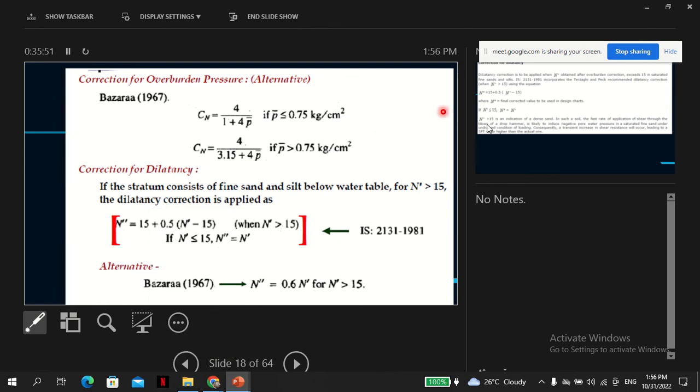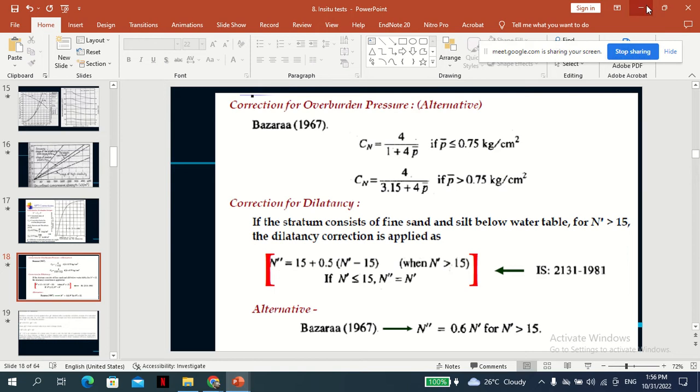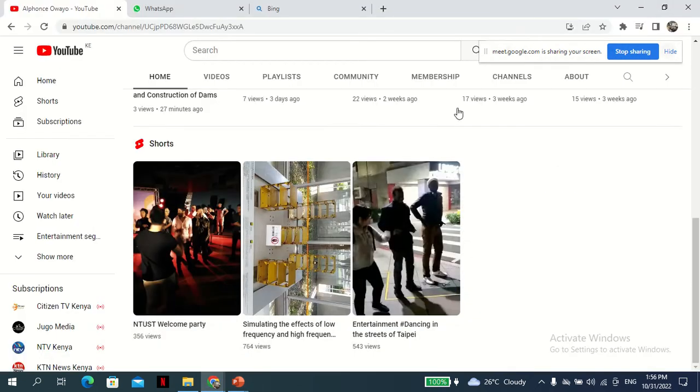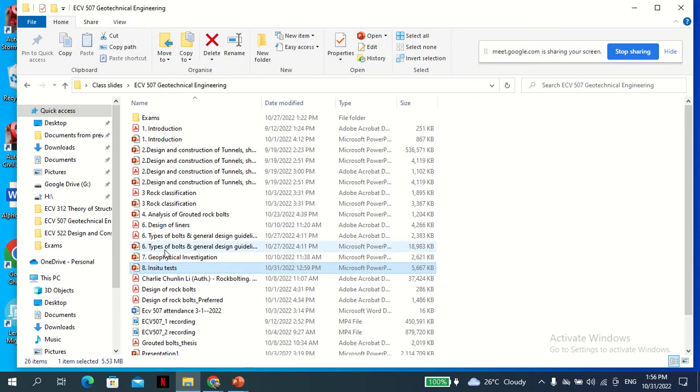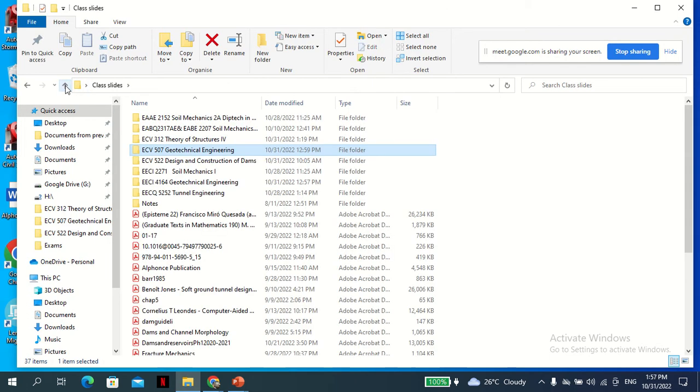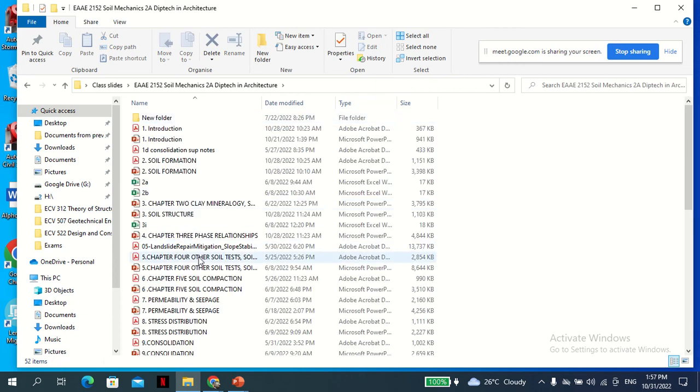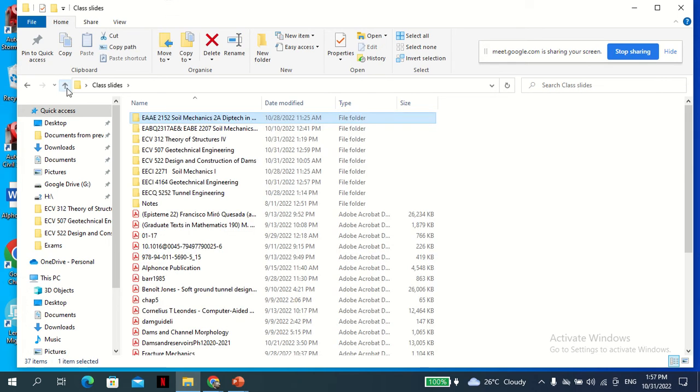Okay, I think I have some notes that can explain. Dilatancy, of course you should already know this, but just to make it clear, I think where is that? Soil formation, really? No, maybe not in this class.